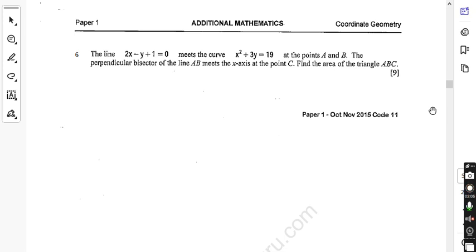Now let's begin today's final question on coordinate geometry from paper 1, October/November 2015.